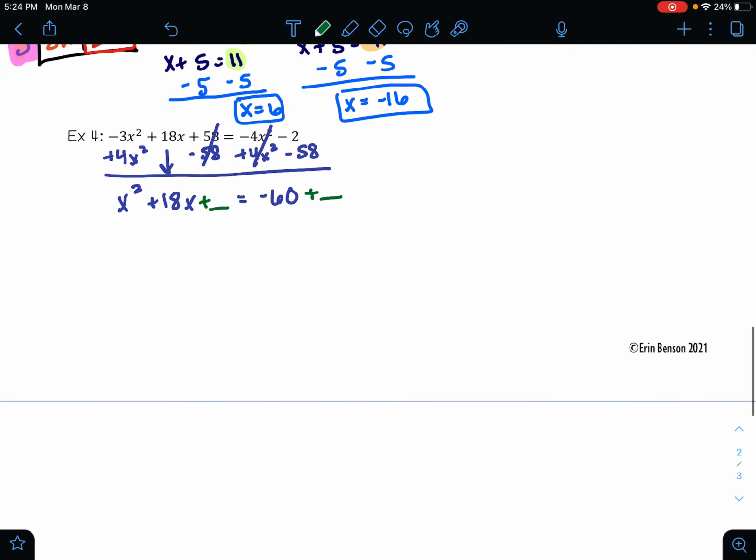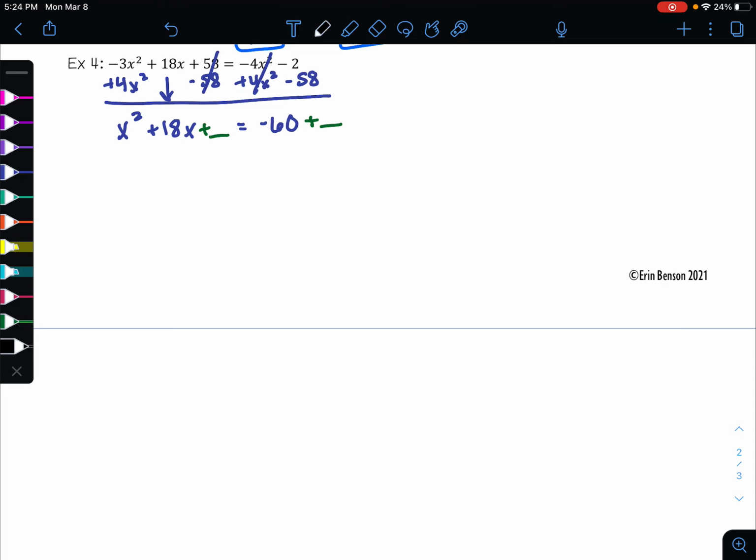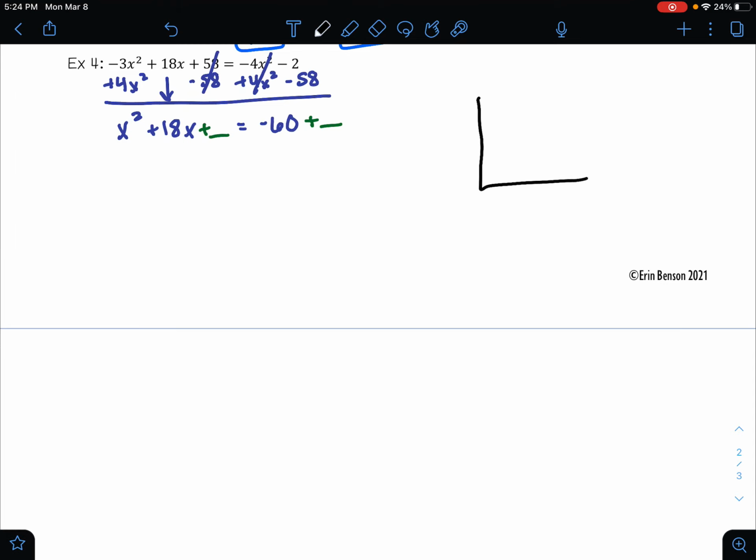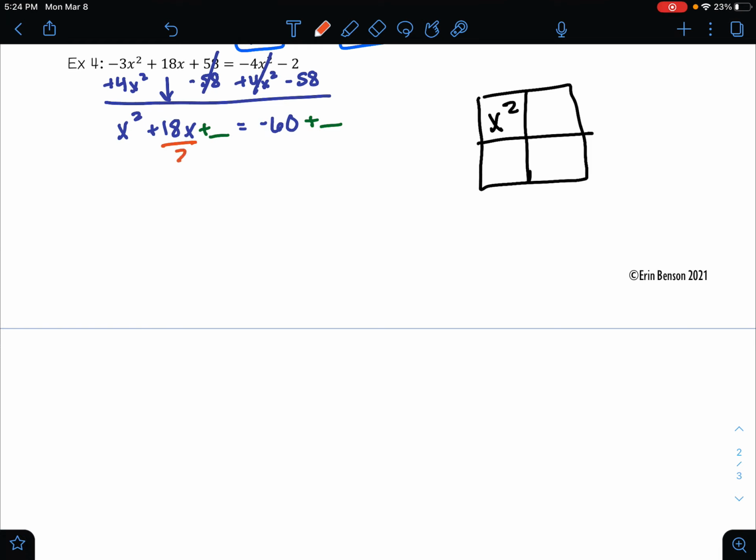From here, I want to complete the square. So I'm going to go ahead and draw a square. First term goes in the first box. I want this to be a square and not a rectangle, so I need to cut this in half. 18x divided by 2 is 9x.